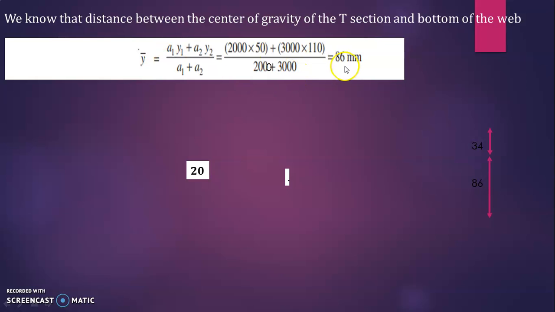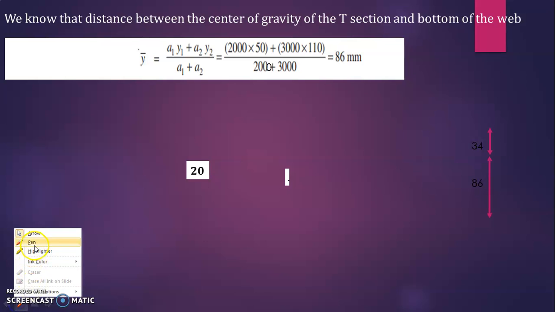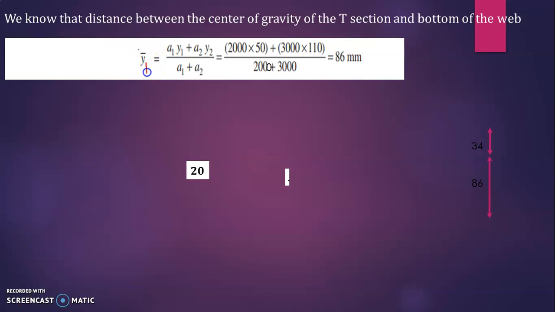When you simplify this, you get 86 mm. This 86 mm is from the bottom, since you have considered the bottom axis as the reference.